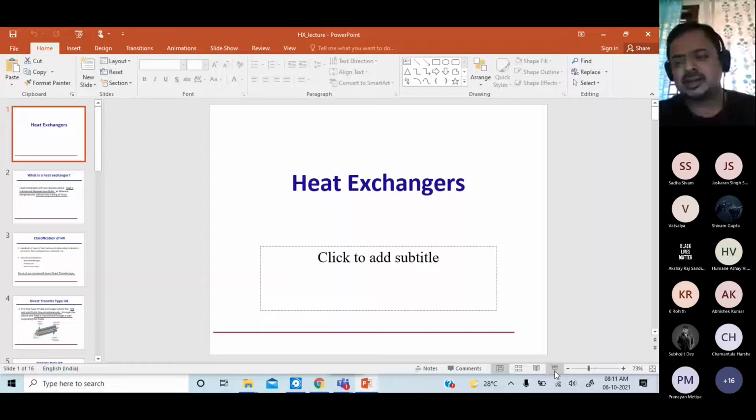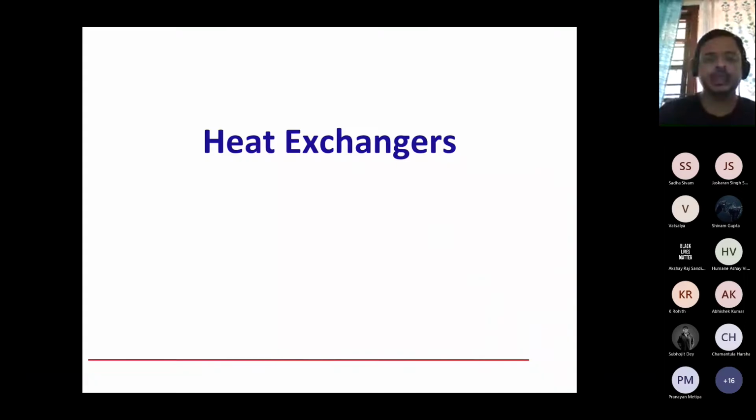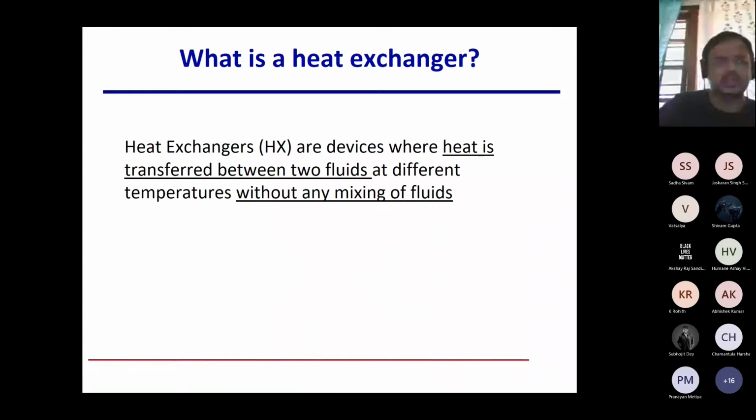With that introduction, let me get started. Heat exchangers are an extremely important topic. This will be more of a hybrid mode.